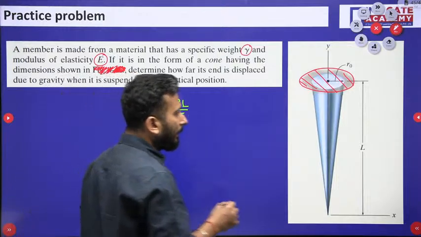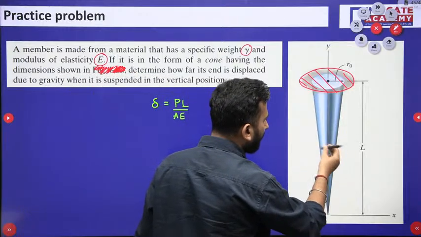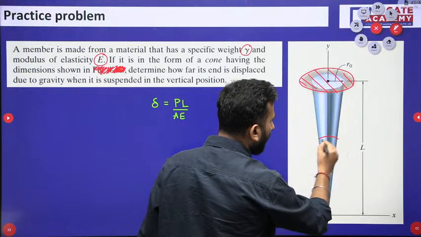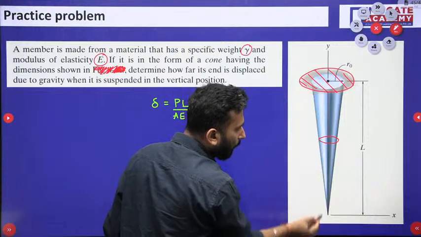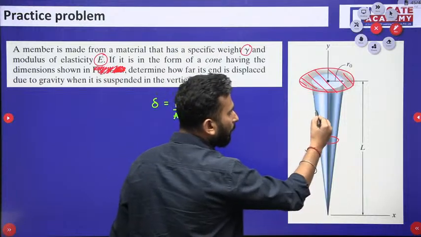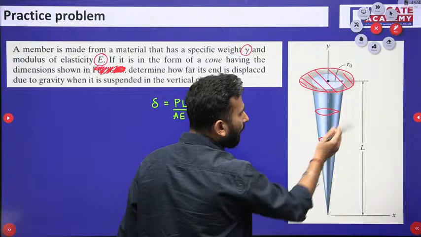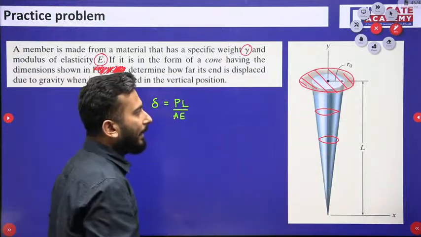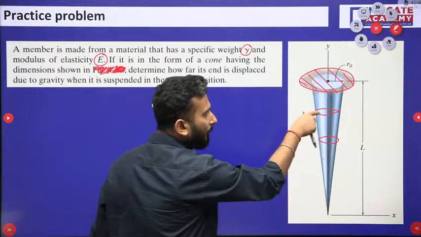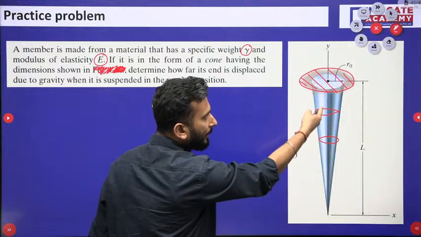For example, if you take this section, at this section this much of cone is pulling, but if you go slightly above, some more cone is added, and that entire cone after this is pulling the section above.